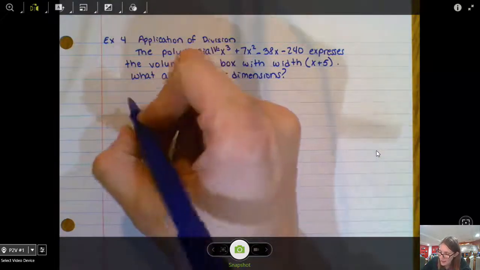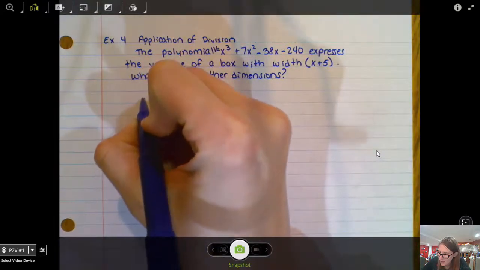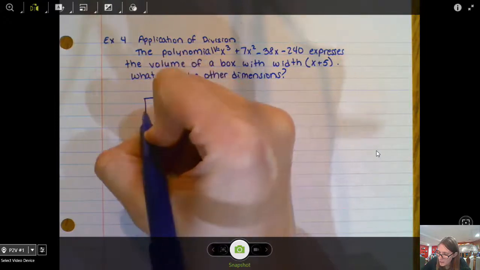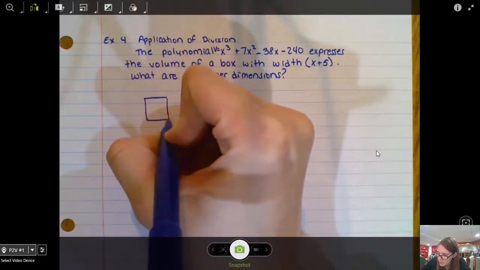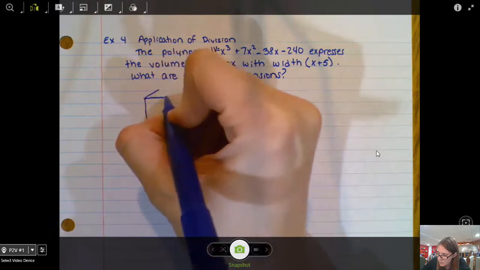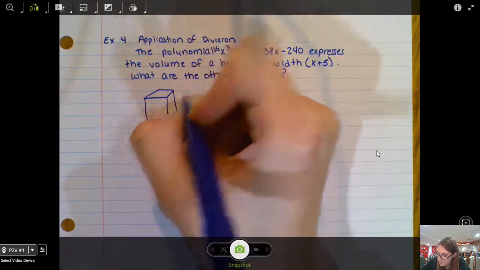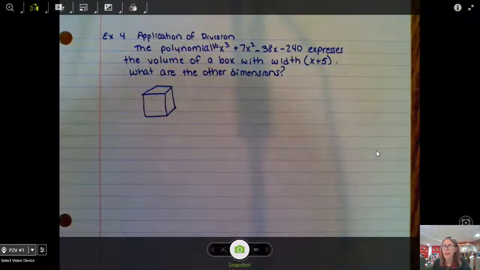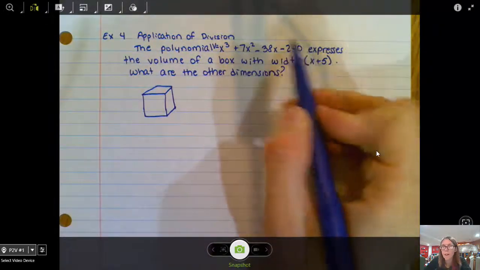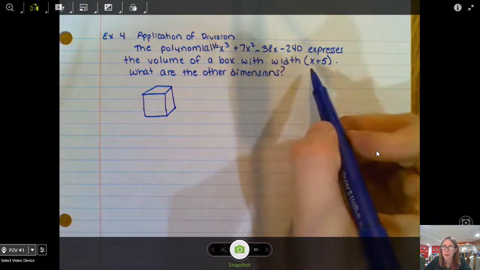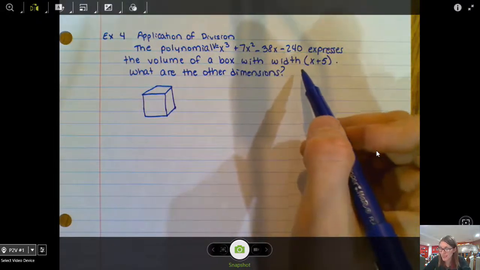So to give us an idea of what is going on here, I'm going to draw a box. And I again know this whole function represents my volume. All I know is that the width of my box is x plus 5.